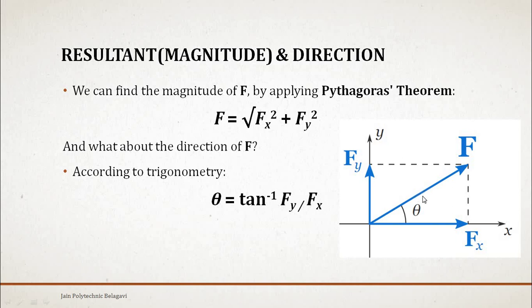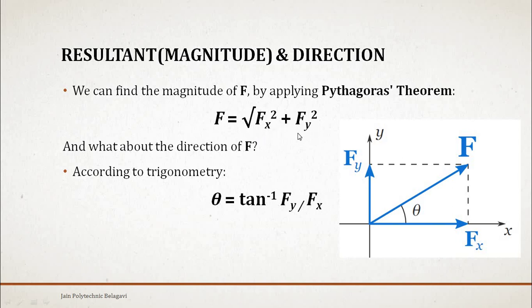To find the hypotenuse, we know that base square plus opposite side square will give you the hypotenuse square. Similarly, a square plus b square is equal to c square. If you want any one of the sides, you can replace the values on either side, left hand side and right hand side. So the magnitude of the resultant force is under root Fx square plus Fy square.